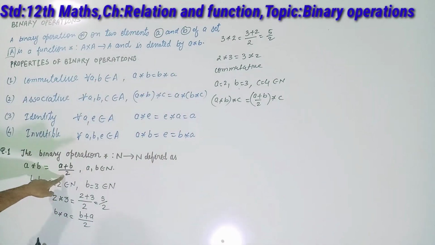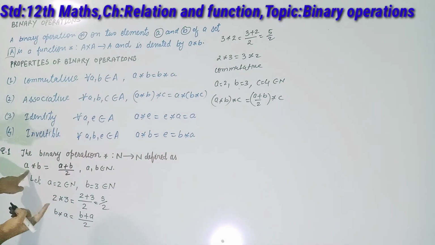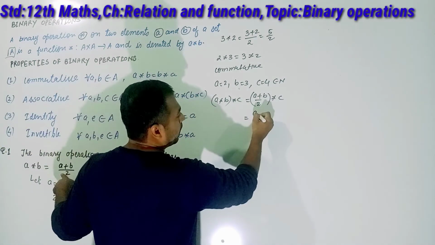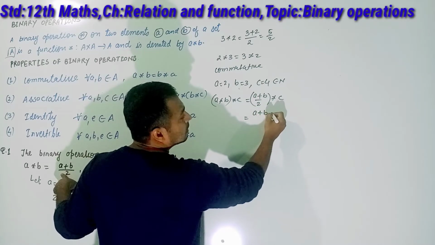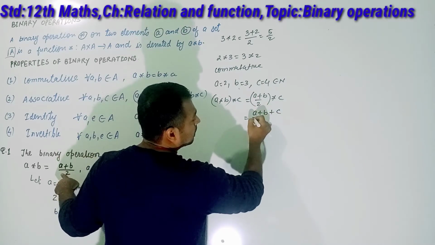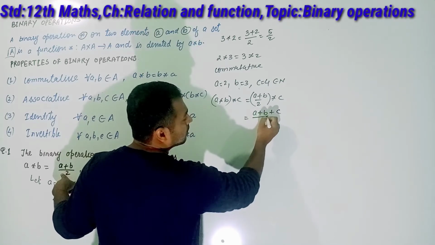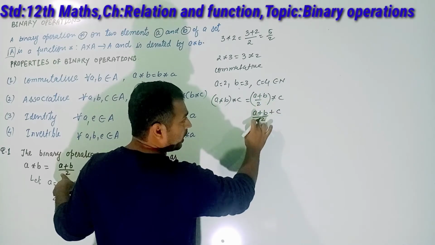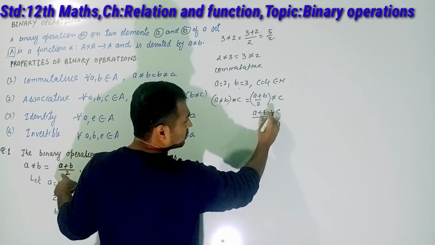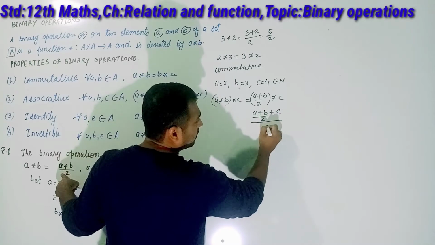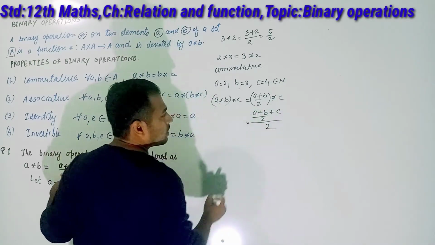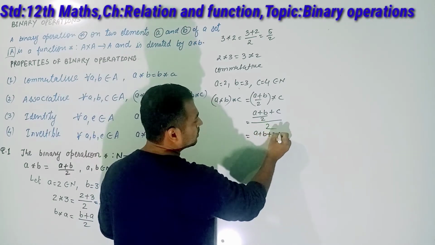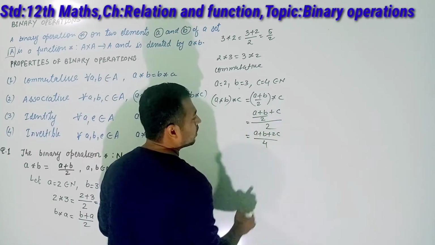Now again applying this property, we write (a plus b plus 2c) by 4, right?